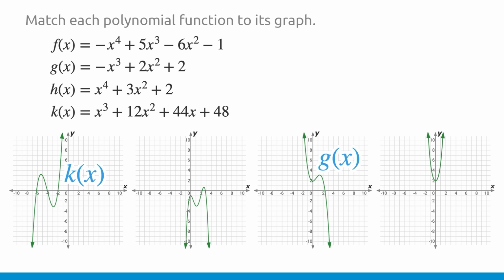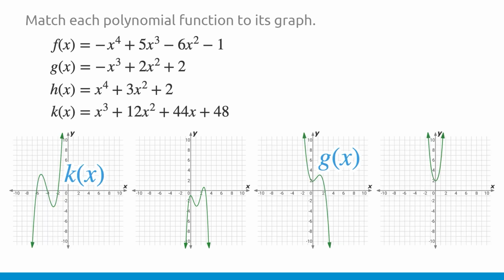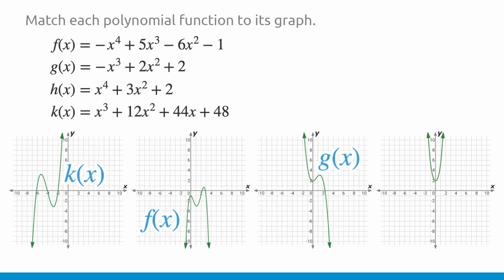The leading coefficient of f of x is negative, so its graph opens down. The leading coefficient of h of x is positive, so the graph opens up. That means f of x must be the second graph, and h of x must be the last graph. This is a case where a quartic function looks a lot like a parabola, but it is not a quadratic function. It's quartic.